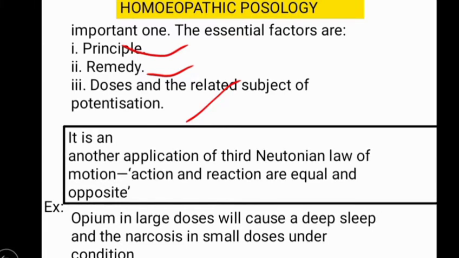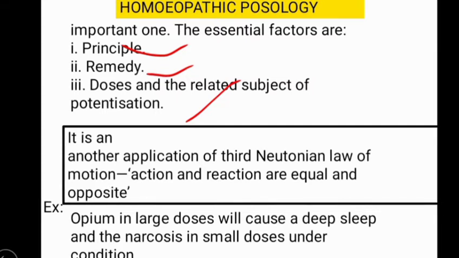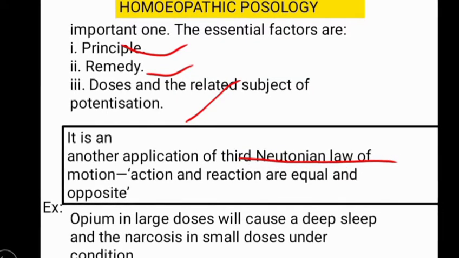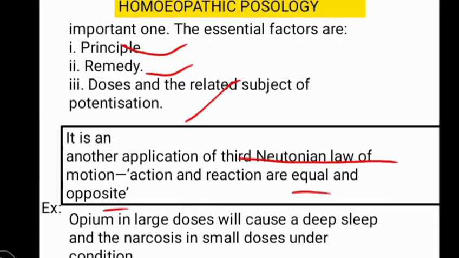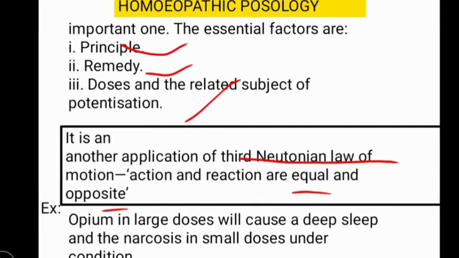We also deal with homeopathy posology by another principle, Newton's third law. Newton's third law says that action and reaction are equal and opposite in nature. What does it mean? We discuss it with an example from homeopathic practice, opium.